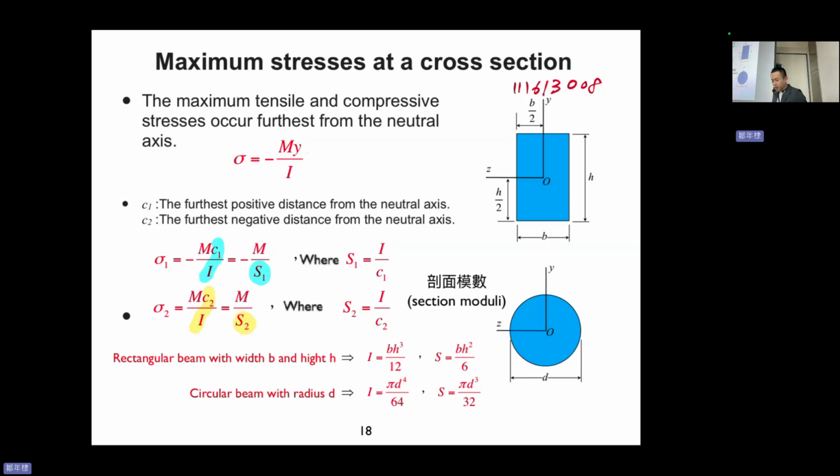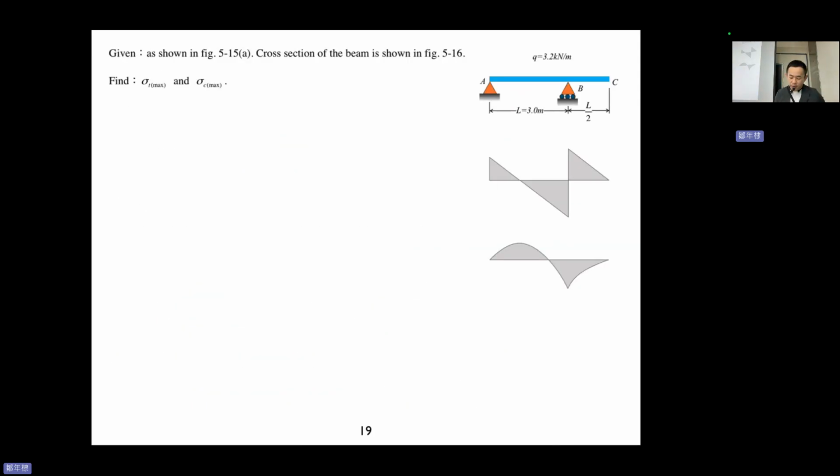Next one will be the examples. So you see that we need to find the figures.